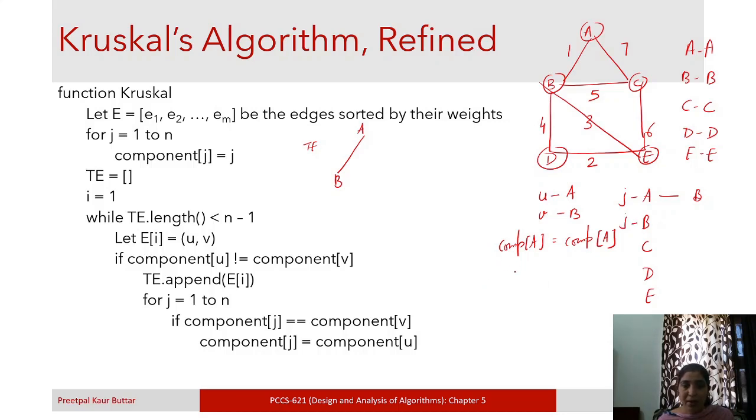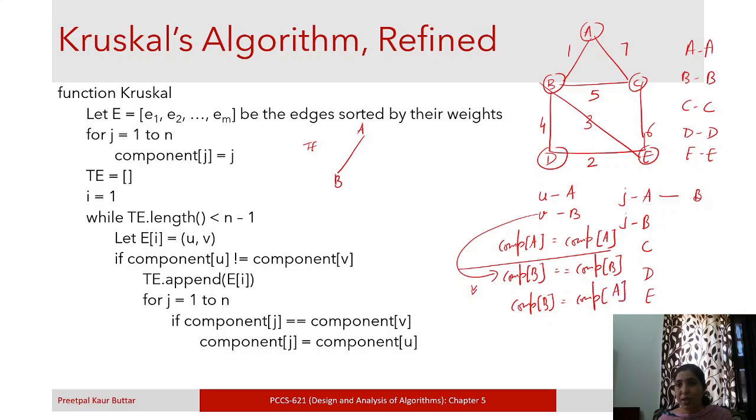So what it is saying, if component of B is equal to component of V, what is V here? V is node B. Okay, so this is true. So component of J, that is component of B, is equal to component of U. U is A, so B's component is now also A. So we have merged them.